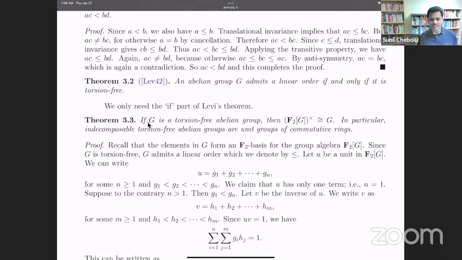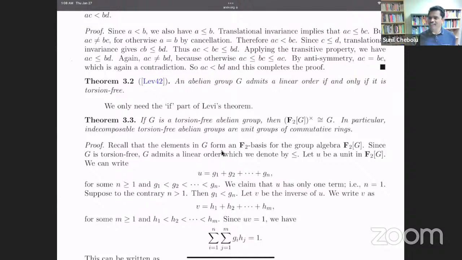It's not algebra. Anyway, if G is a torsion-free abelian group, then you just look at the group algebra of the torsion-free abelian group with coefficients in the field of 2 elements. We are able to show that the units in that group algebra are isomorphic to the group G. So every torsion-free abelian group is realizable. In fact, if I remember well, we first started this with the rational numbers.